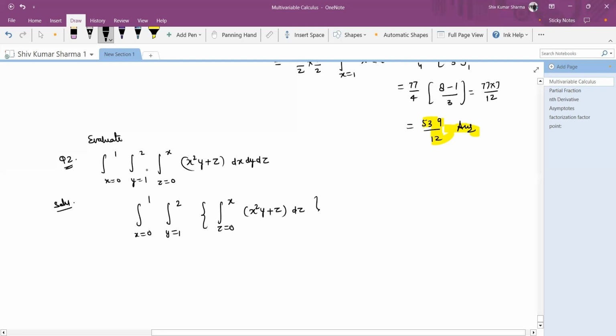So we integrate this one. First term x square into y is purely constant, so when we have dz, integration is z, and plus z integration is z square upon 2, taken as 0 to x, into dx into dy.